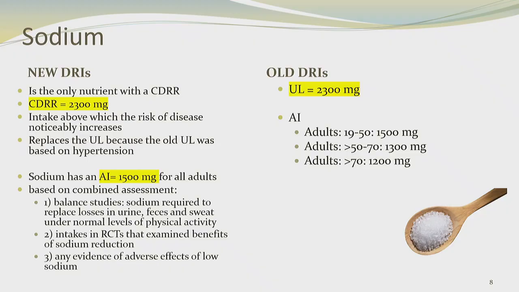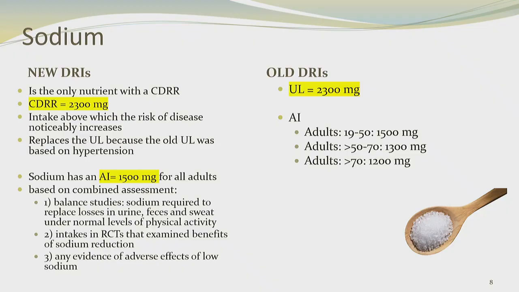A new AI for sodium was also established, and it's important to recognize that sodium is an essential nutrient. So you have to set an AI high enough to meet essential nutrient requirements, okay? So this was done by examining the results of balance studies, studies that looked at the benefits of sodium reduction, and also looked at studies that were investigating any evidence of adverse effects of very low sodium intakes.